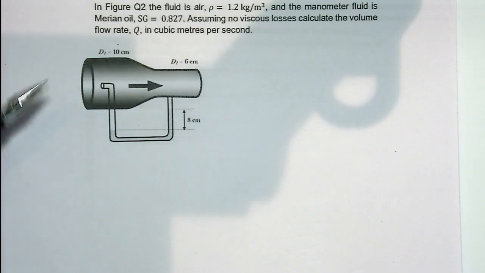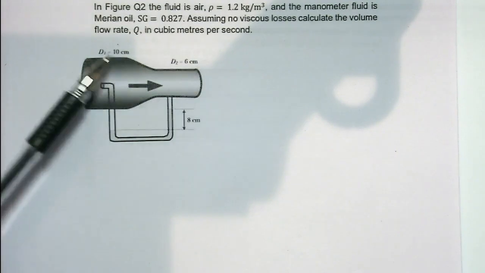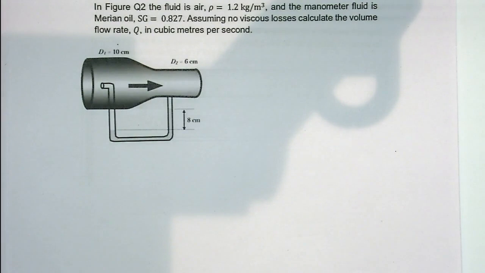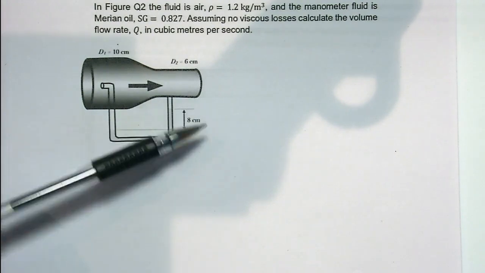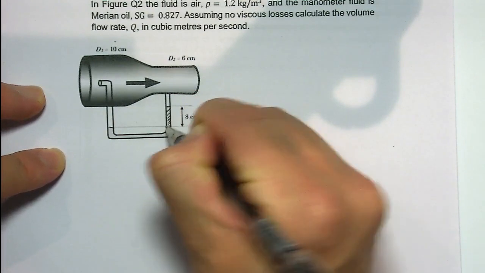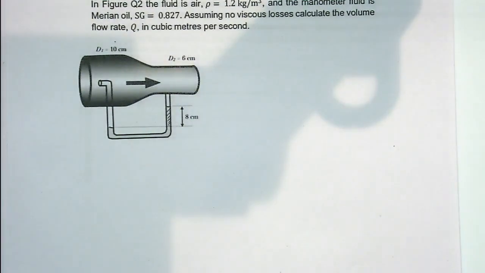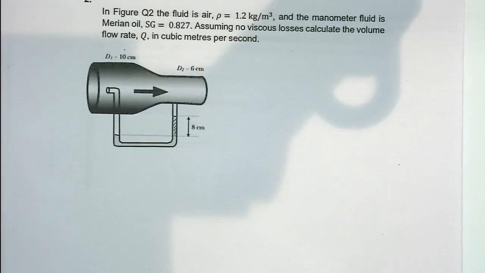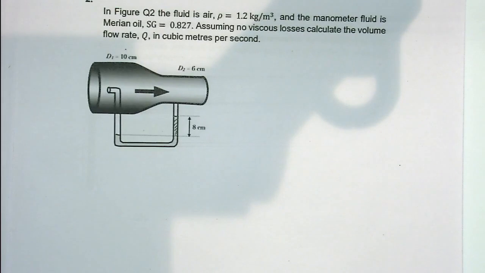So the air going through the nozzle generates the pressure difference and makes the height difference of the oil in the pipe. And also, there's no viscous loss, and it is steady flow, so we could apply the Bernoulli equation as well.